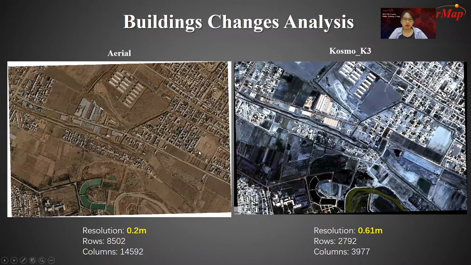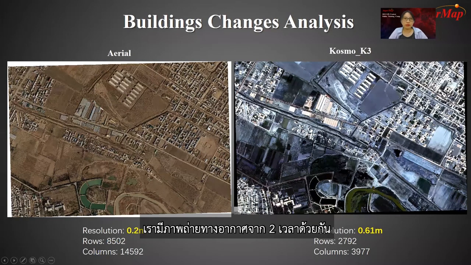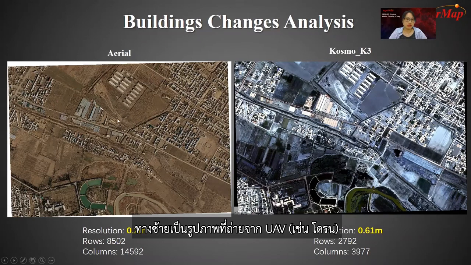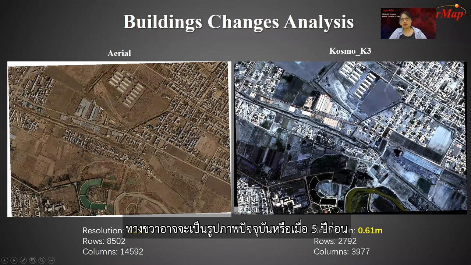Here we can see we have two images from different times. The first one is the latest image by UAV, and the second one is an image from maybe 10 or 20 or 5 years ago.